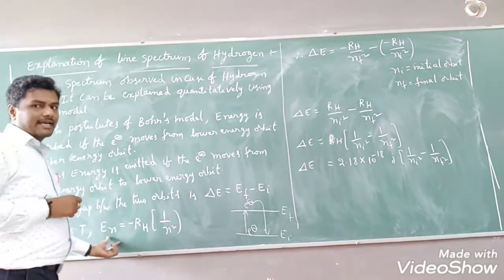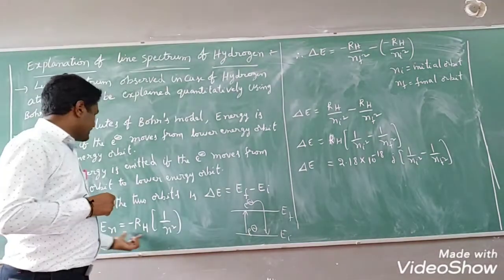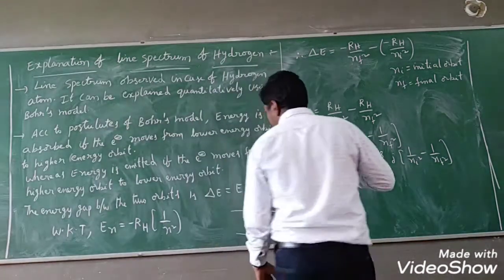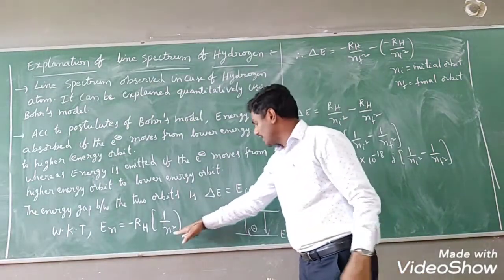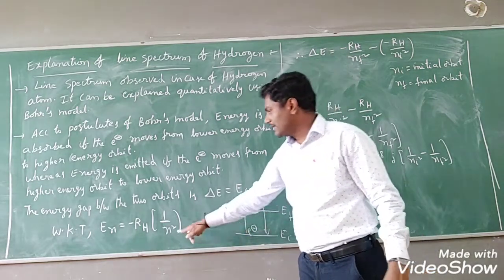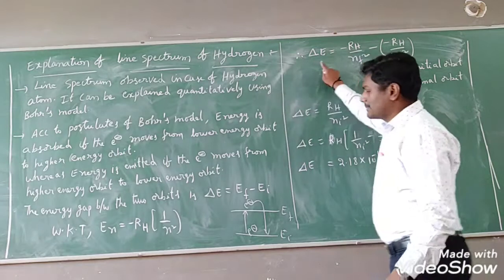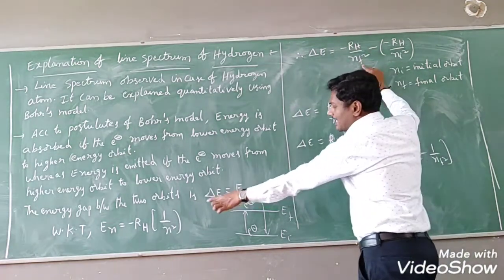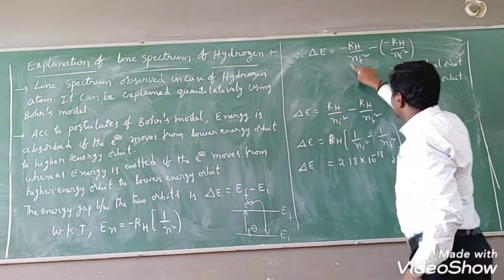So we know the energy of the nth orbit expression is minus RH into 1 by n square. Now in place of n, in the case of the final orbit you take NF, and in the case of the initial orbit you take Ni. First, EF: for the final orbit, minus RH by NF square.